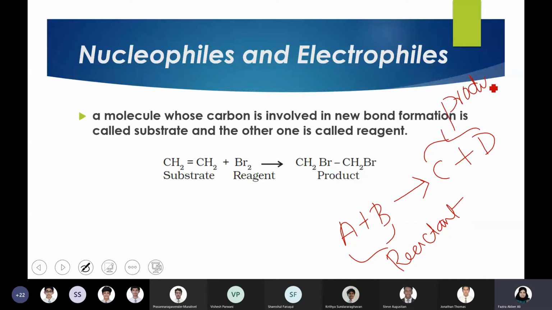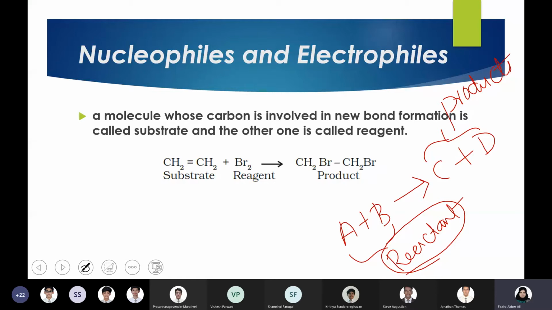This is how we simply name the reactants and products. Anything which is added in the beginning comes under reactant, and what you get at the end of the reaction is products.